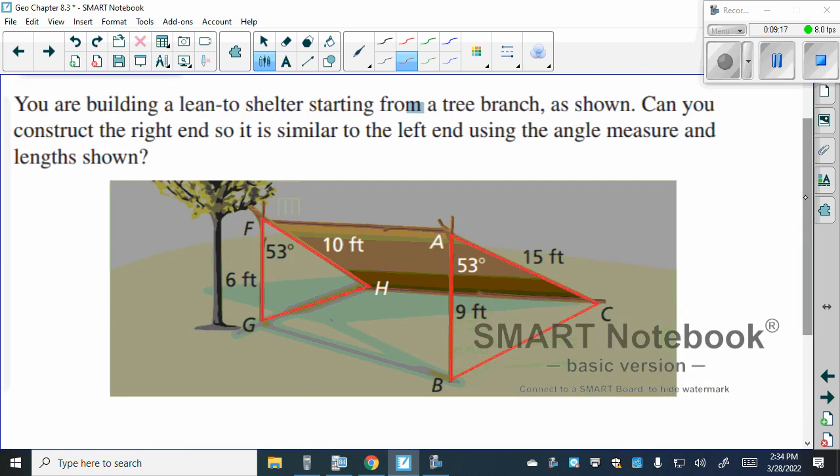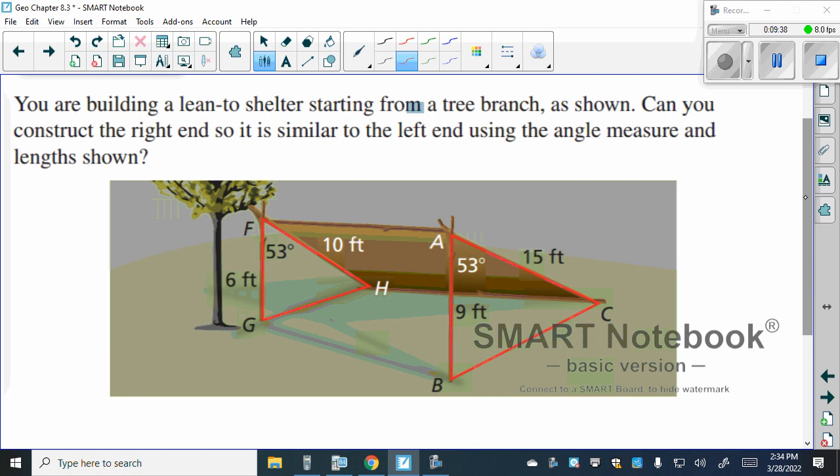So we're looking at this here. So you're building a lean-to shelter starting from a tree branch as shown. Can you construct the right end so it's similar to the left end using the length shown? So really all we need to determine, are those 2 triangles similar on either side?